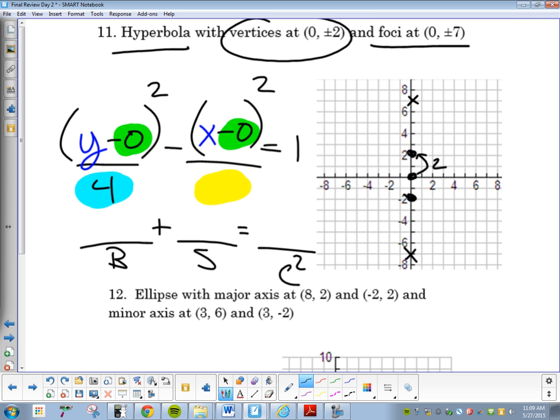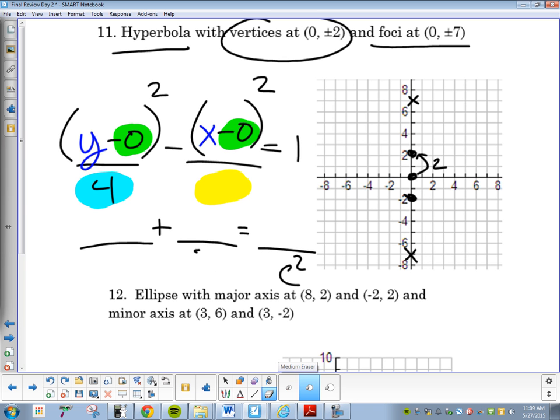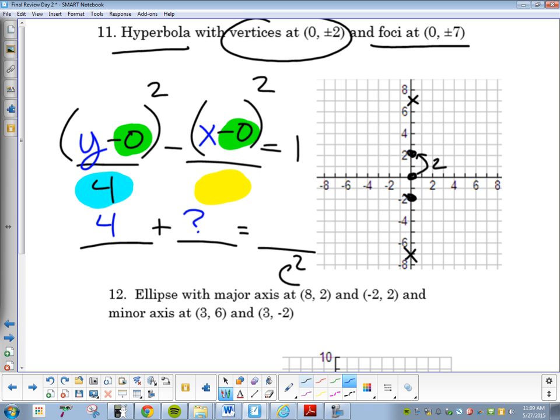Since we're adding, it doesn't really matter which one's big and small. You're adding, it's all the same. But the blue and the yellow numbers added together is going to be equal to c squared. So 4 plus something needs to equal c squared.